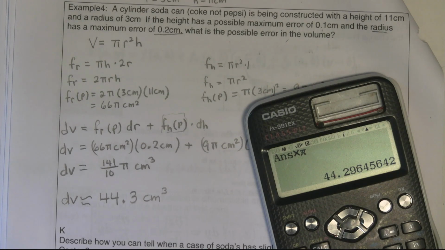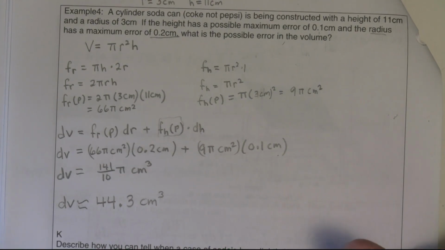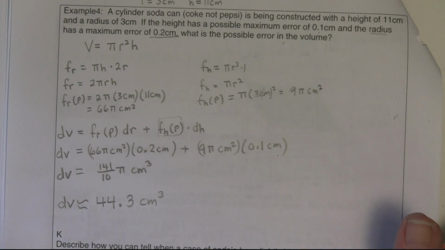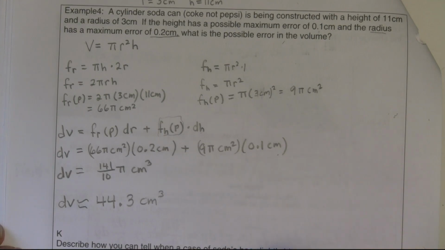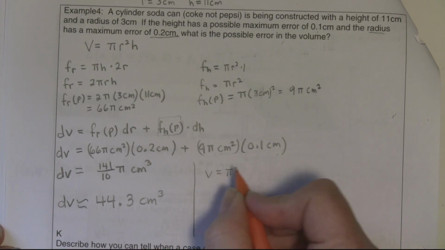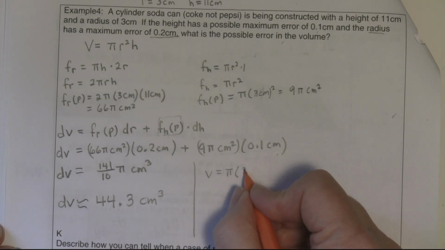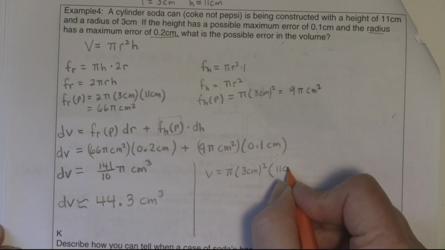And so I decided that I had to figure out what that was as a percentage. If you're interested, what it is as a percentage of the change from the actual volume of the soda, if it's made exactly perfectly, the volume would be pi times the radius, which was supposed to be 3 centimeters, squared, and the height was supposed to be 11 centimeters.